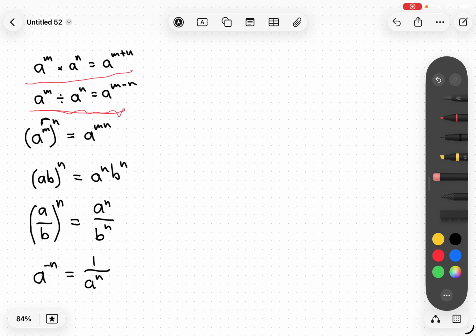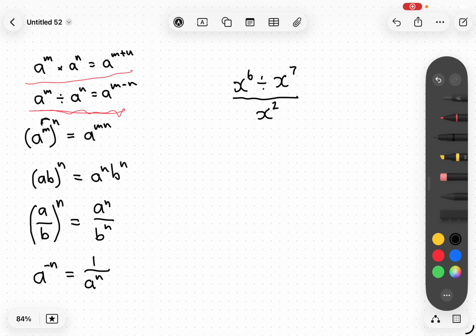Now let's do x to the 6 divided by x to the 7 on x squared.